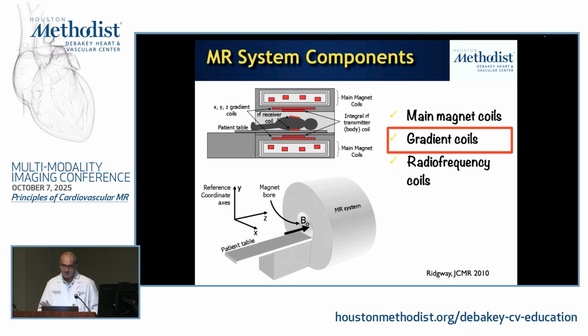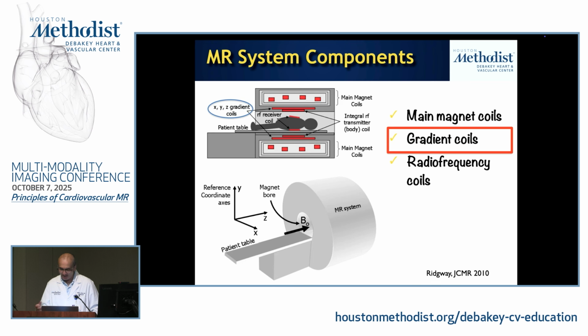Now, the other element is the gradient coils. The gradient coils are within this MRI system right here. The gradient coils also exist in all 3 anatomic planes, so in the X, Y, and Z axis, right? The reason for that is that it allows you, with MRI, to image in any imaging plane that you want. So you can do a straight axial imaging plane like we do with CT, but you could also do a coronal or sagittal, or you can do an off-axis plane like a short axis or long axis view, the cardiac imaging planes that we utilize.